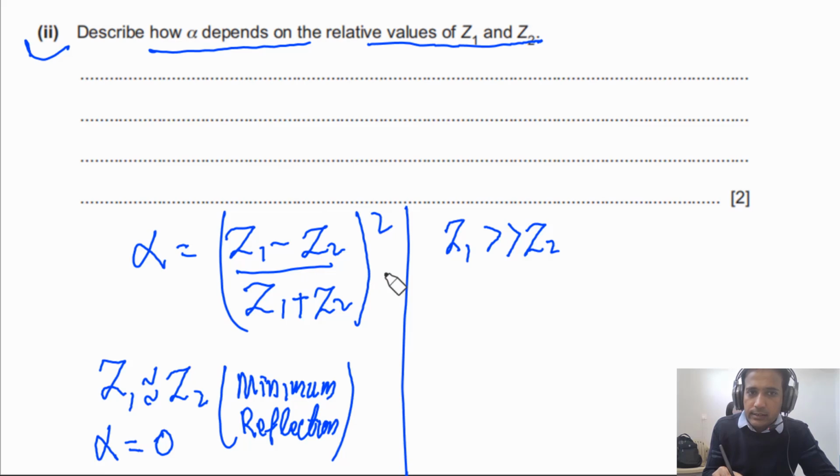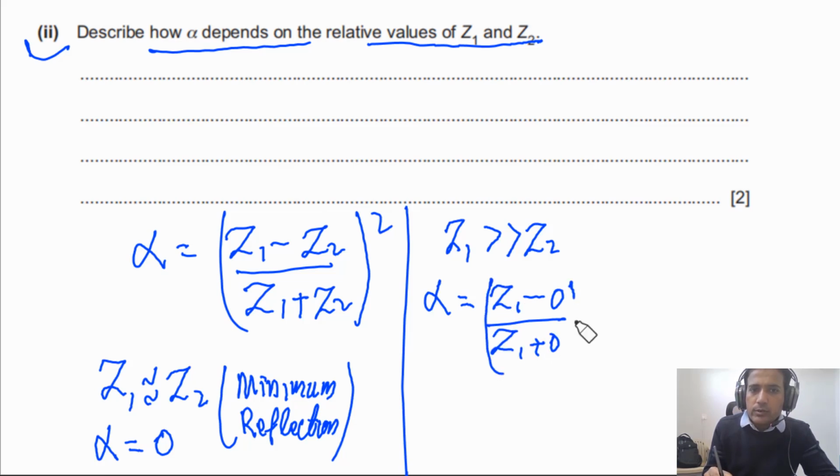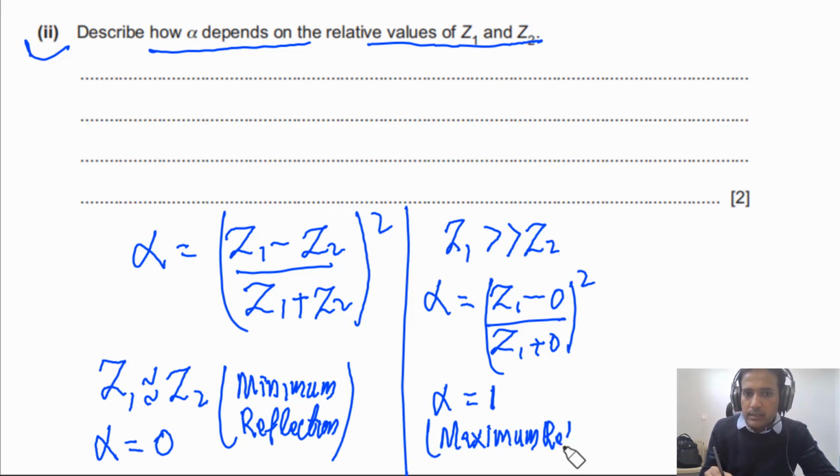If Z2 is negligible, then alpha will be equal to Z1 minus 0 divided by Z1 plus 0, all squared. So alpha will be equal to 1. In this case it means maximum reflection. Most of the ultrasound waves will reflect back.